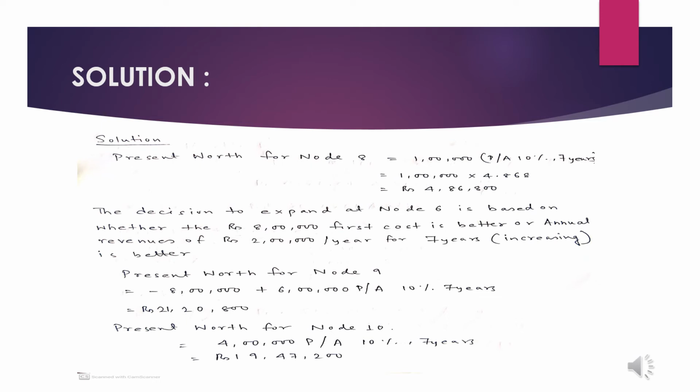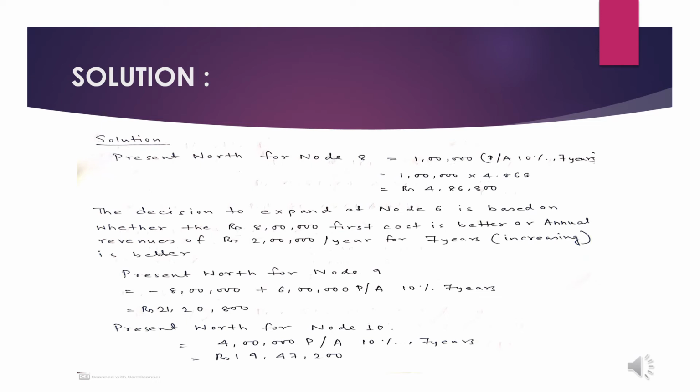The second decision that needs to be taken at the end node is, coming back to the high volume production, where it requires a decision of either expanding or continuing with the same production rate.